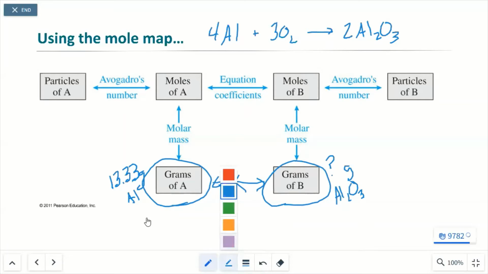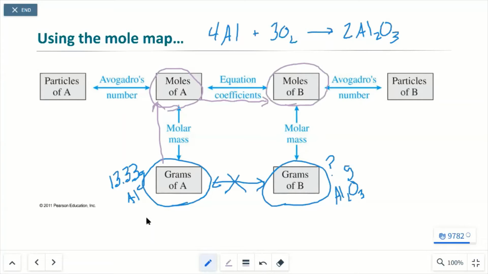What I'm going to have to do instead is follow the map: I need to go grams to moles. Then using the balanced equation, go from moles to moles of aluminum oxide. And then from moles of aluminum oxide, I can go into grams.